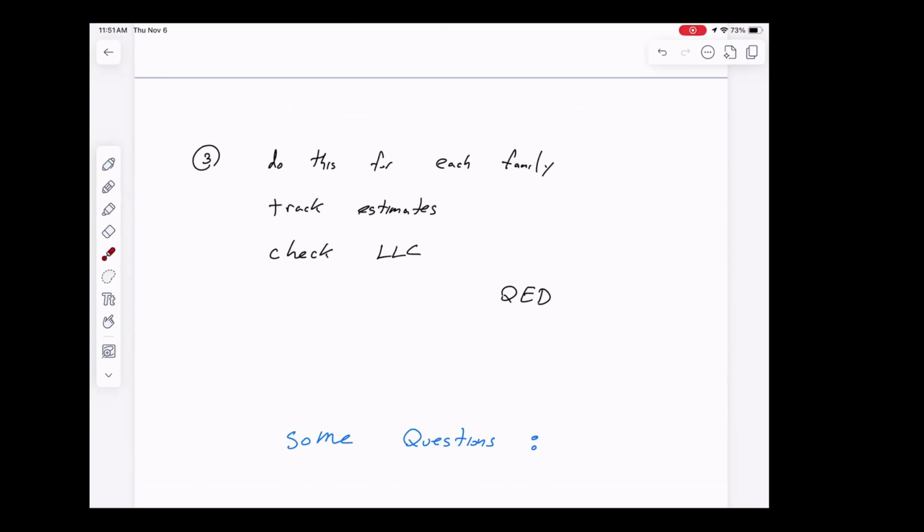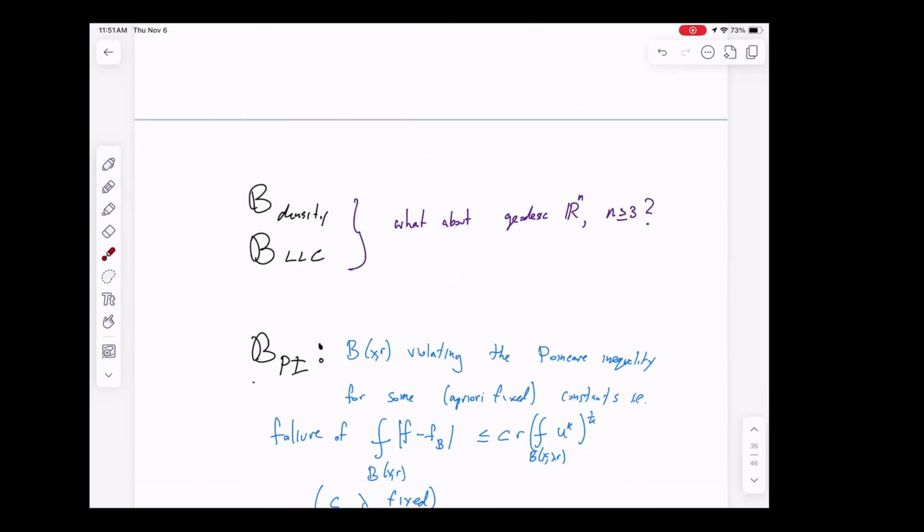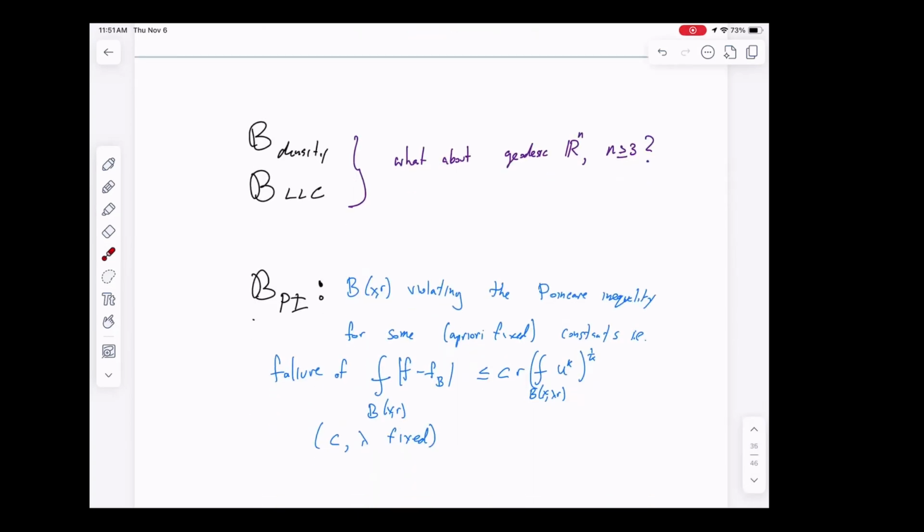And now I would like to switch to some questions that we don't know how to answer. So this was all in dimension 2. I cannot say anything about dimension bigger than 2. There's another natural collection of bad balls that one could imagine. One can imagine balls where the Poincare inequality is violated with some fixed constants.